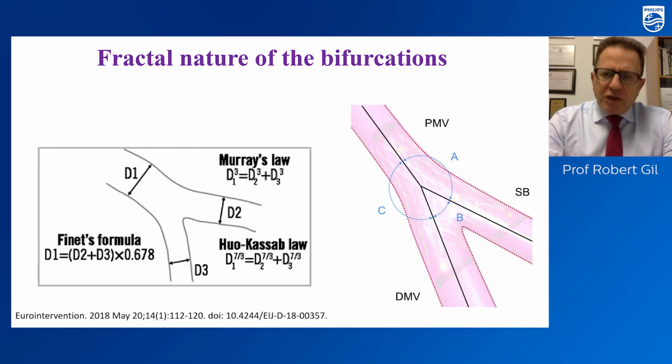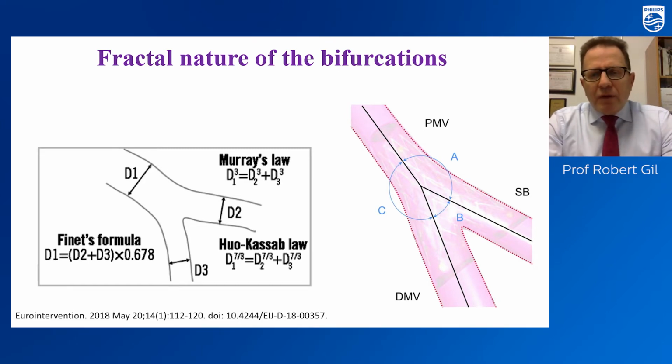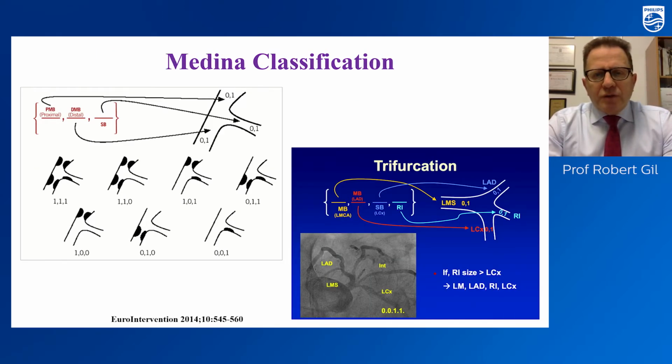This is fractal, but we have three parts: the proximal main vessel, the distal main vessel, and the side branch. Please remember about the angles, which are also very important, because with this knowledge we can communicate with each other very easily. This is a kind of standardization of knowledge.